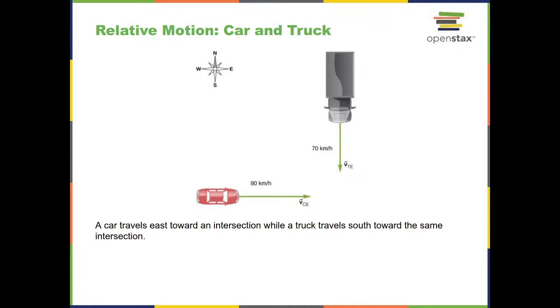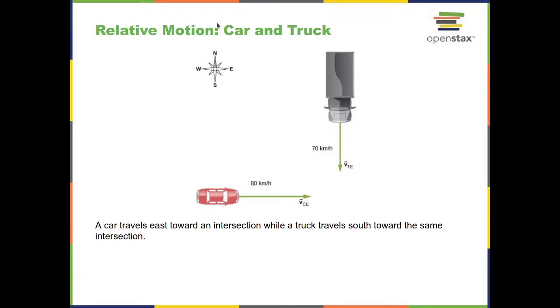The velocity of the car with respect to the Earth, V_CE, is 80 kilometers per hour in the x direction, which is the east direction in this drawing here. And then the velocity of the truck with respect to the Earth is 70 kilometers per hour, and it's in the negative y direction if we pick our xy coordinate system along the east-north directions.